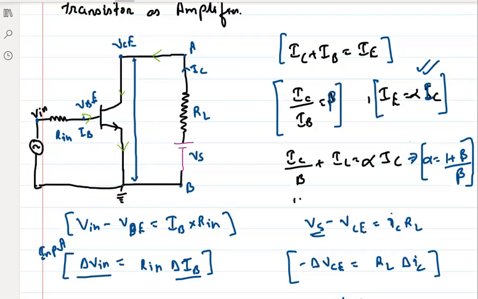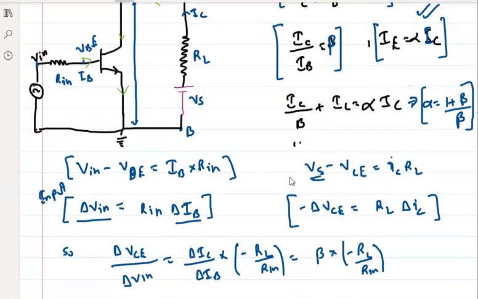Now we already know the current gain. This is already your current gain. Now let's see, what about voltage gain? When we talk about voltage gain, basically it is change in output voltage by change in input voltage.